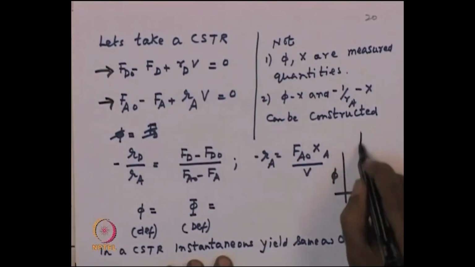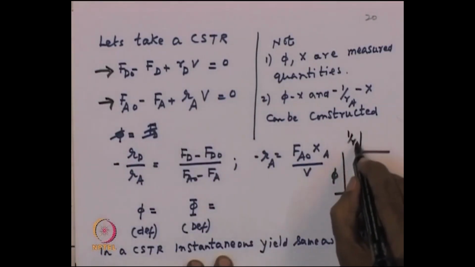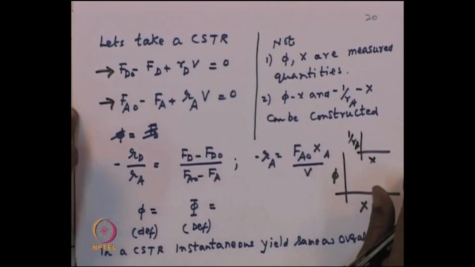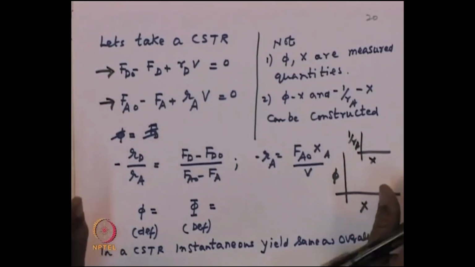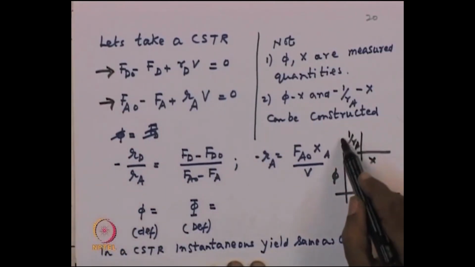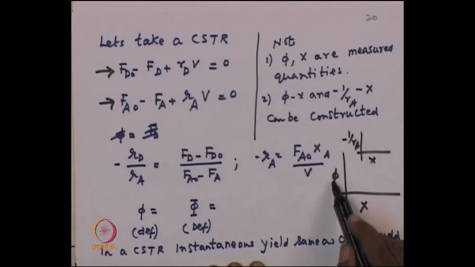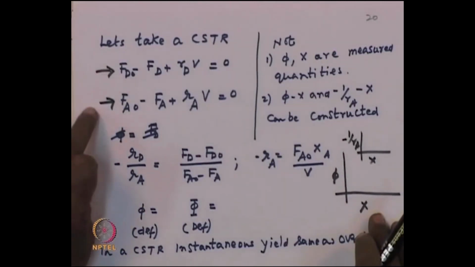Therefore, your 1 by Ra versus x is also known to you, because it also comes from the experiment. So, a CSTR experiment gives you two valuable results. One result is minus of 1 by Ra versus x. The second result is how phi is related to x. Is that clear? Both sets of data come out of your CSTR experiment.